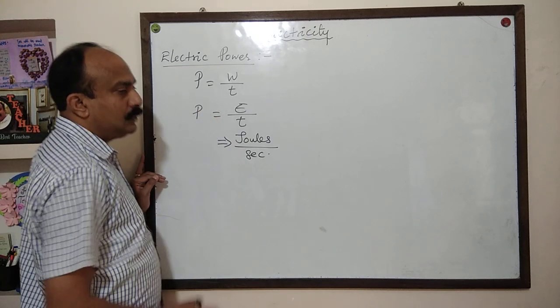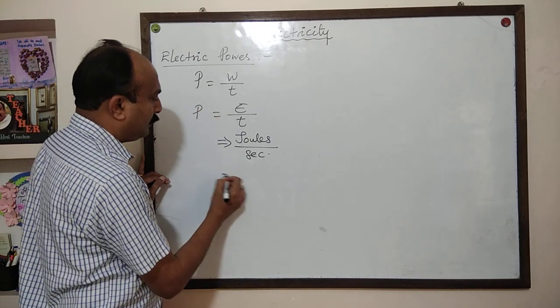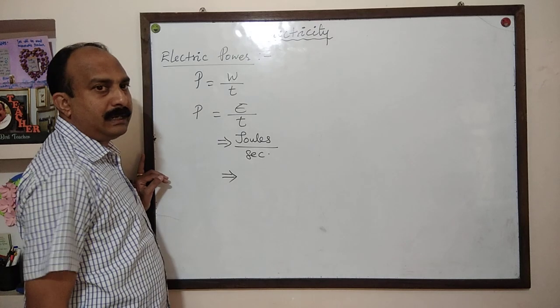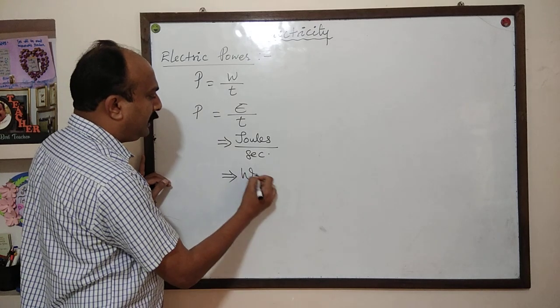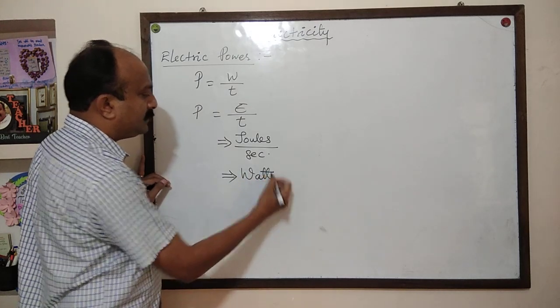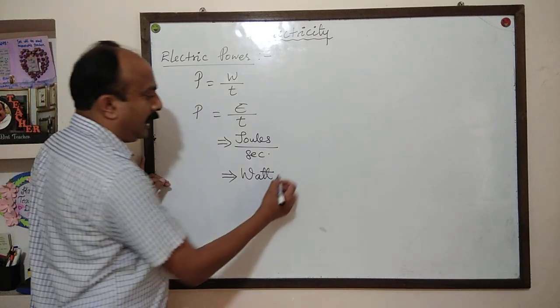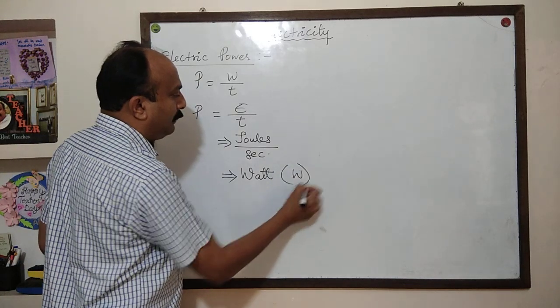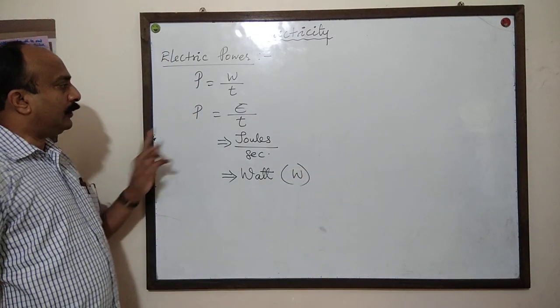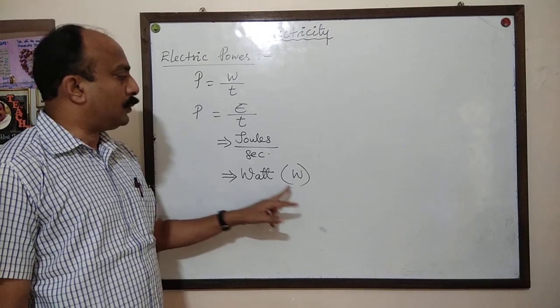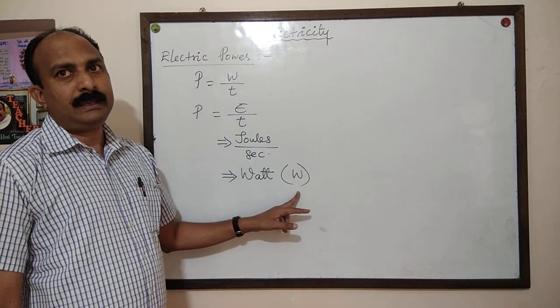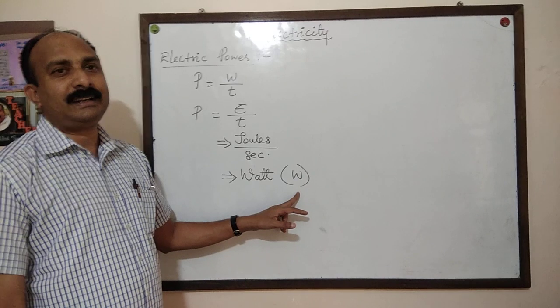So, it will be joule upon second. But joule per second is given another name, and that is watt, and it is represented by capital W. So SI unit of power is watt.